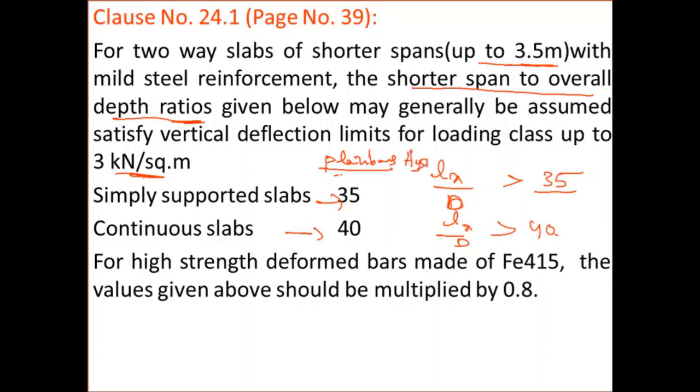If you use HYSD bars, these values have to be multiplied with 0.8. So 35 into 0.8 is 28, and 40 into 0.8 is 32. So the values given here, 35 and 40, are for plain bars, and for HYSD bars you multiply by the factor of 0.8. So these are applicable for the two-way slabs.